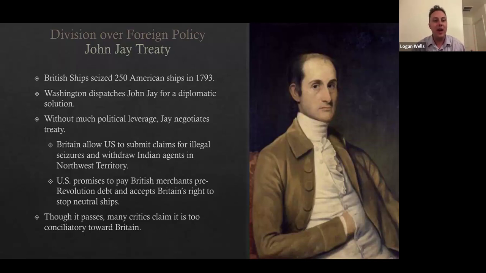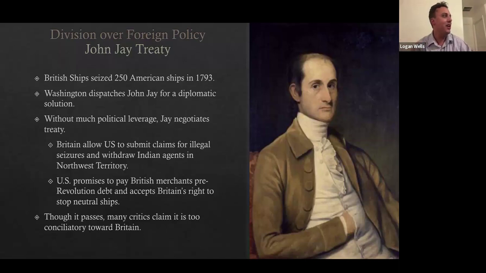When John Jay comes back, he notes that when he was riding from Philadelphia to New York, he could ride at night because his effigy was burning all along the way, right? He could see his effigy burning. Basically, people were making effigies, figures that look like John Jay, and lighting them on fire because it was such a hated treaty.